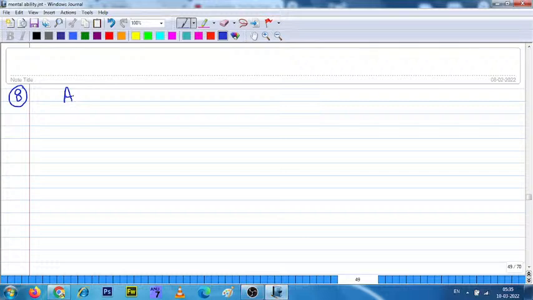So next, let us move to the area of a rhombus. A rhombus is one in which the lengths of all the sides are equal, but the diagonals are not equal.